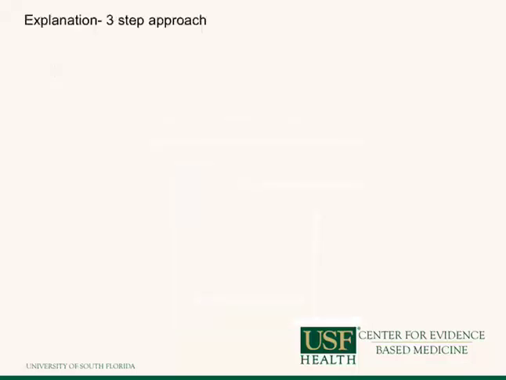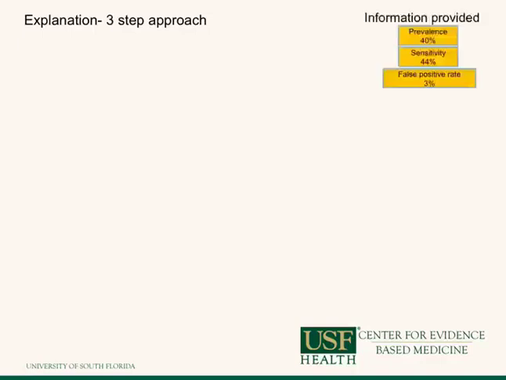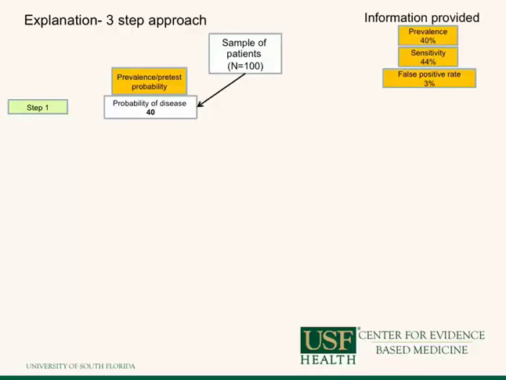So let me show you, using the same frequency tree that I showed you. All right, so here is the information that we have. Prevalence 40%, sensitivity 44%, false positive rate 3%, or specificity 97%, right? Let's take 100 people. 40% prevalence means 40 will have the disease, 60 will not have the disease. Following me so far?